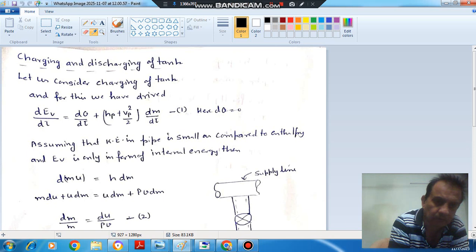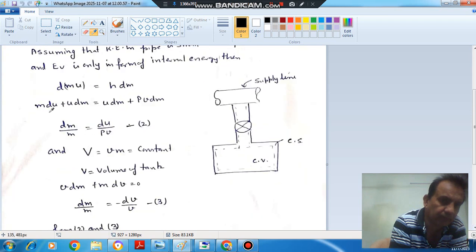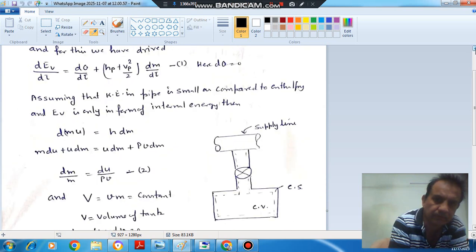Or further solving it by the product rule, it will be m du plus u dm, and this will be equal to h dm, where h is u plus pv, so it will be u dm plus pv dm. So u dm will cancel out. So dm by m is equal to du by pv. So this is equation number 1 and this is equation number 2.